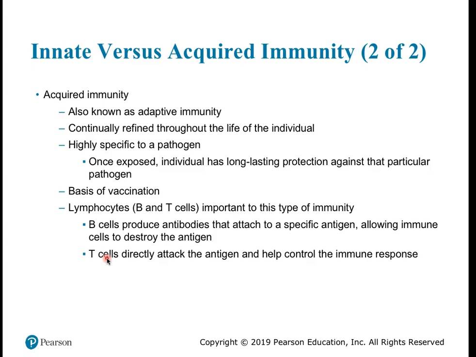And when the T helper lymphocyte is activated, then that is going to be able to control the immune response. There are other T cells, like T cytotoxic cells, that are going to be able to be cloned up and attack and kill the antigen. Now, the antigen is that part of the pathogen that is recognized by the immune system as foreign or different.